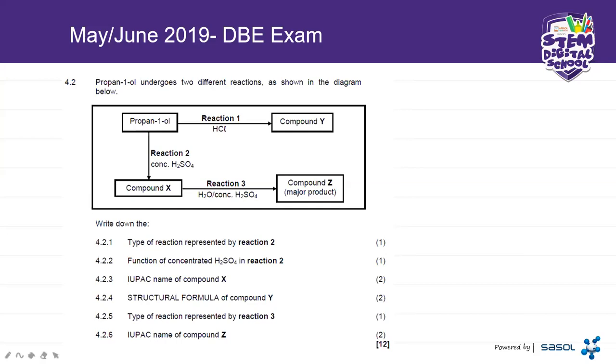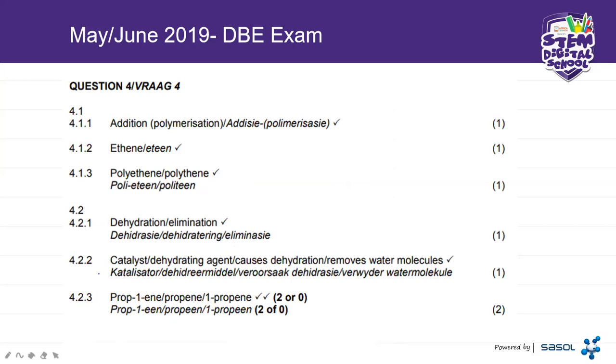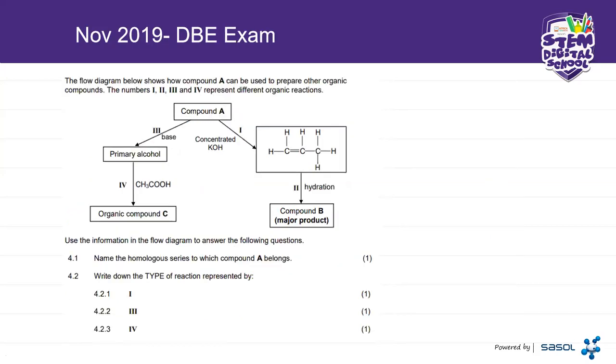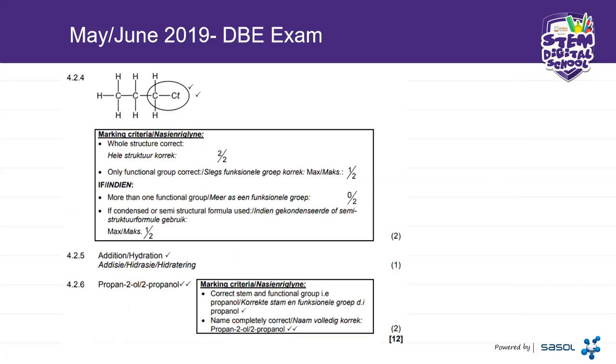So what's the IUPAC name of compound Z? Let's go and check out compound Z. Compound Z is going to be propan-2-ol. I prefer to write it as 2-propanol, and I think it's good for you guys to learn to write it as 2-propanol, because once you write propan-2-ol, sometimes it can get confusing.